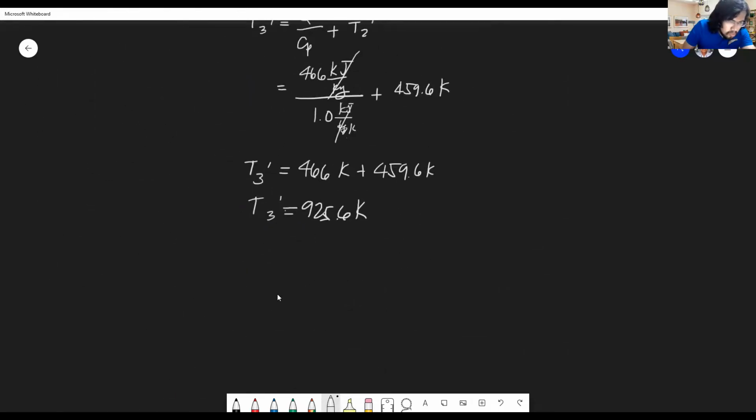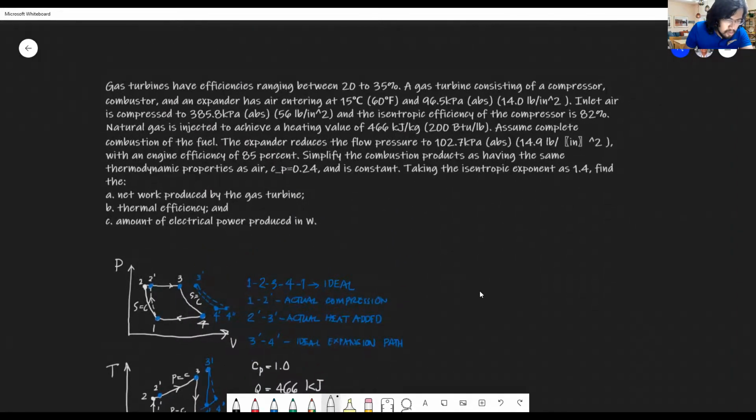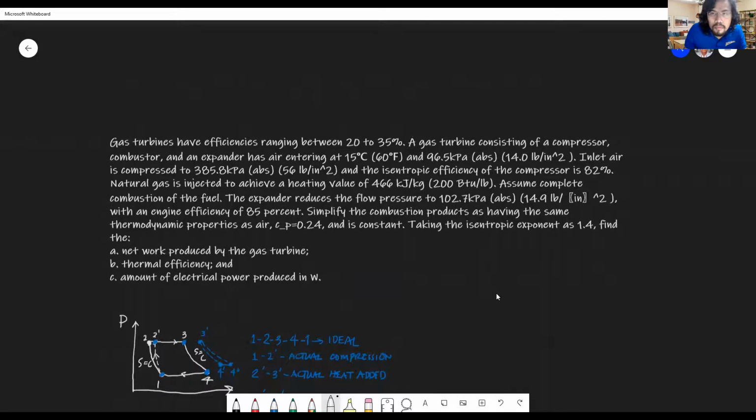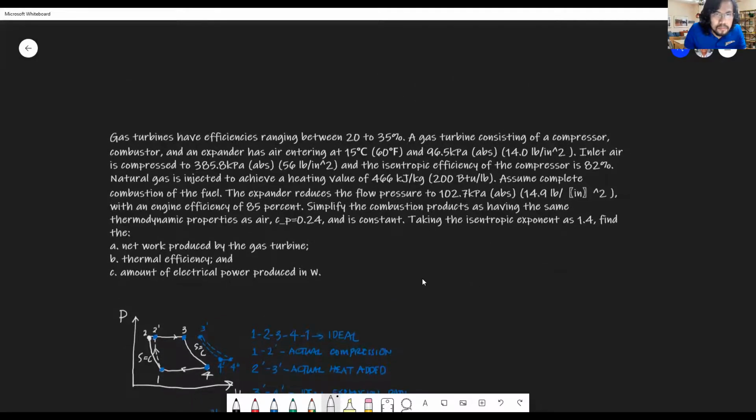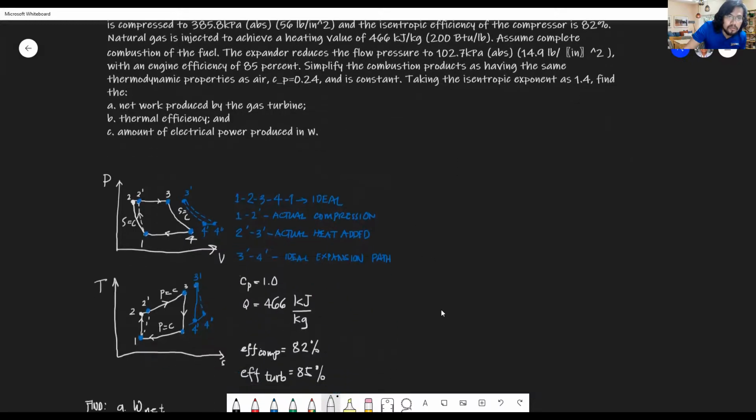It's adiabatic, so T4 prime over T3 prime equals what? It's P4 prime over P3 prime, and it's raised to K minus 1 over K. P4 prime is actually given, since it's going to go back to what?